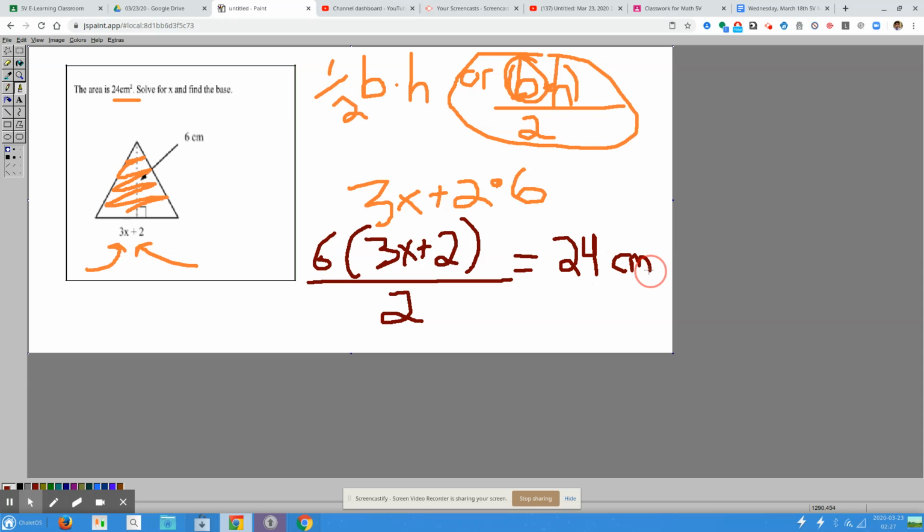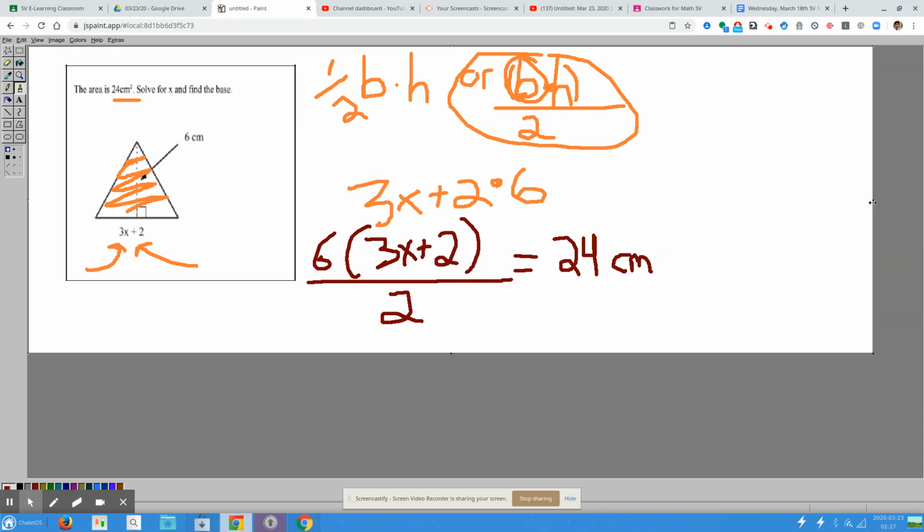Before I proceed, I had to write is equal to 24 centimeters squared because this is an equation.